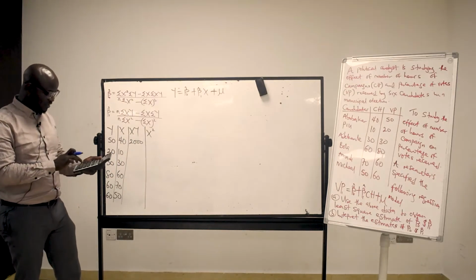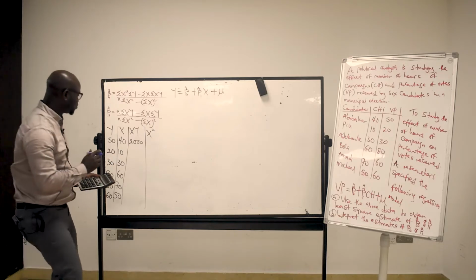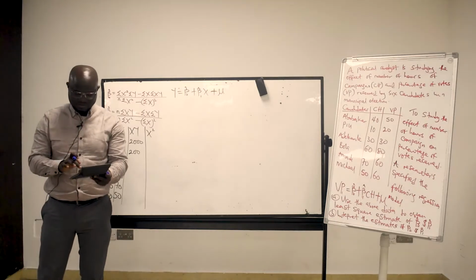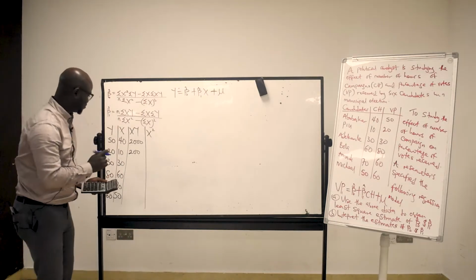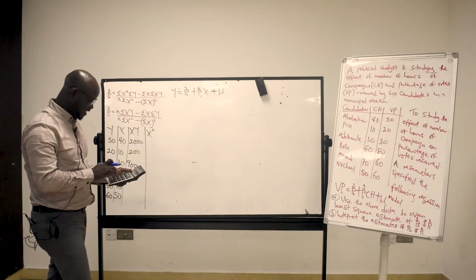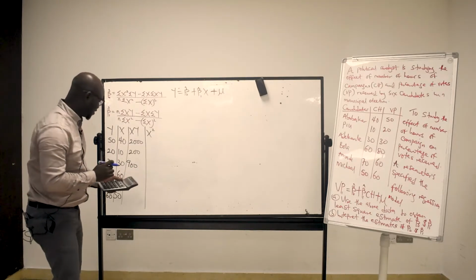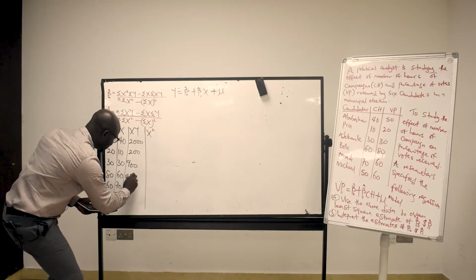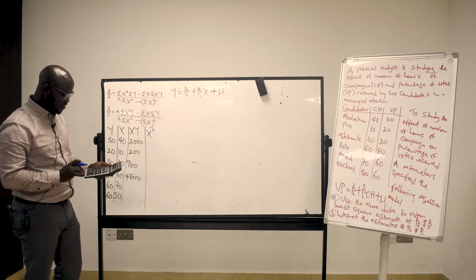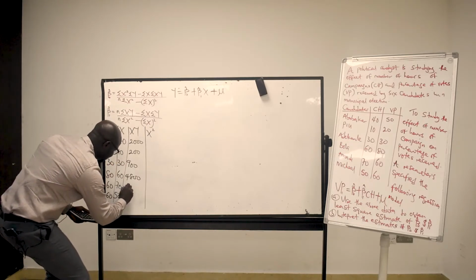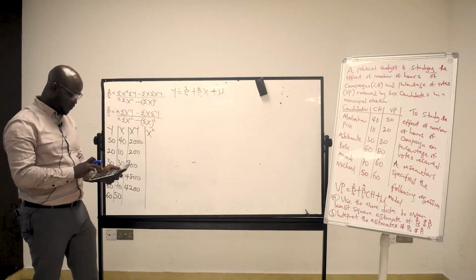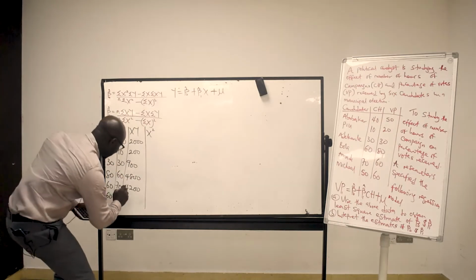Then we have 20 times 10, we have 200. Then 30 times 30, we have 900. Then we have 60 times 80, we have 4,800. Then 60 times 70, this is 4,200. Then 60 times 50, this is 3,000.